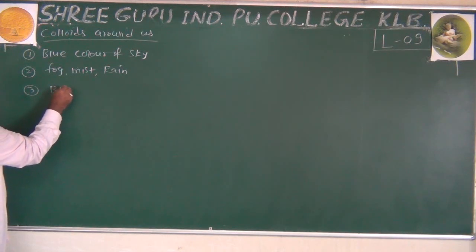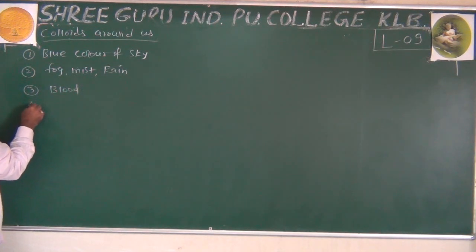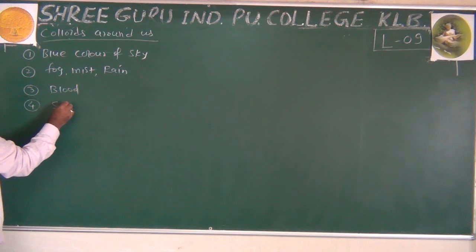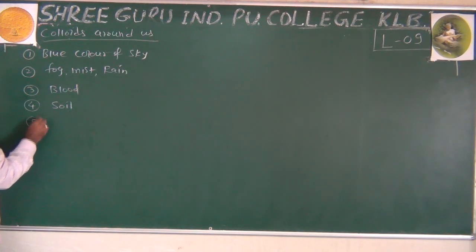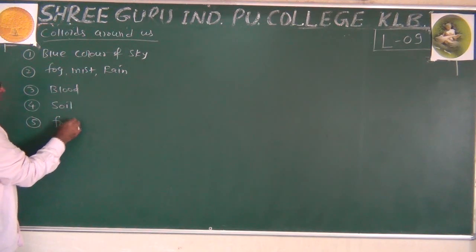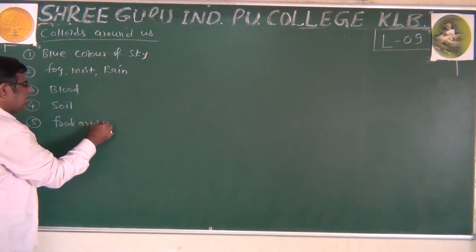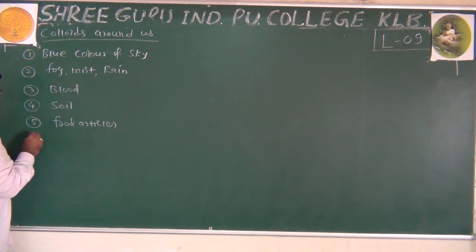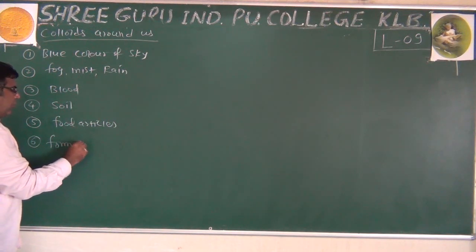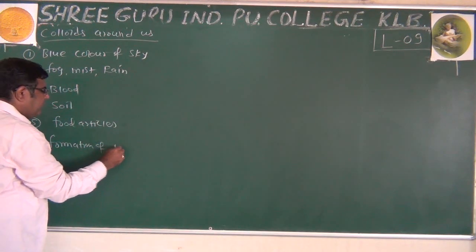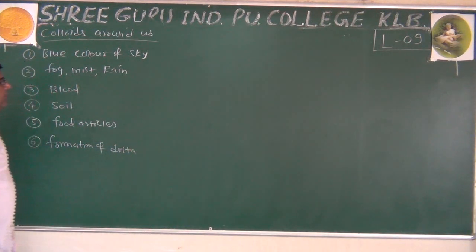Third is the blood, then soil, then food articles, and last one is the formation of delta.